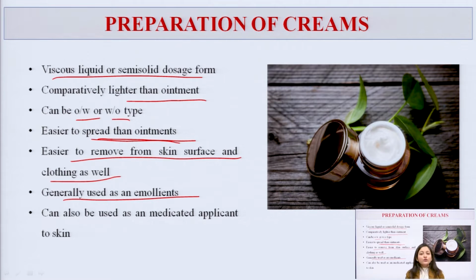An emollient hydrates the skin or the area on which it is applied and provides a soothing effect to that area. Lastly, it can be used as a medicated applicant to the skin as well. For example, if we incorporate an API into the base in order to formulate a cream, that cream can also function as a medicated cream. So, this is all about an introduction to creams.